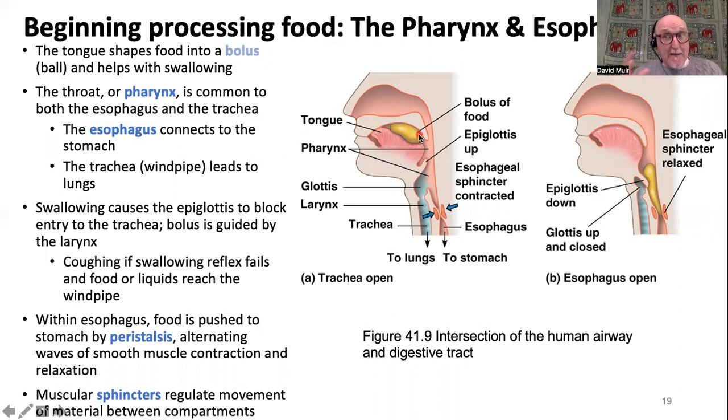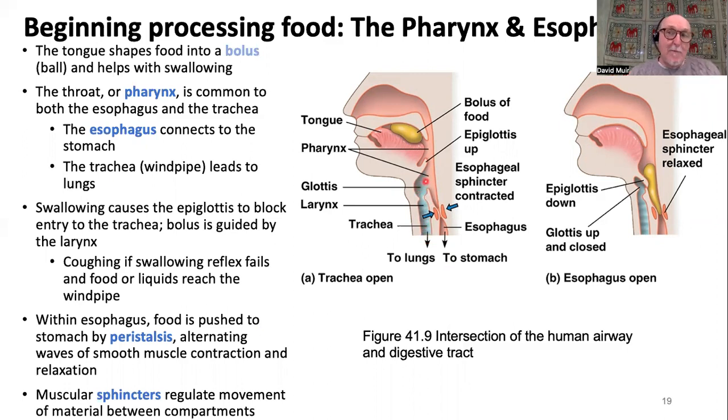All the vertebrates share this feature, that the digestive tract actually shares anatomy with the respiratory tract at the very top here. And this is the area called the pharynx. So the tube which leads into the digestive tract is the esophagus, and the tube that leads to the respiratory tract is the trachea.